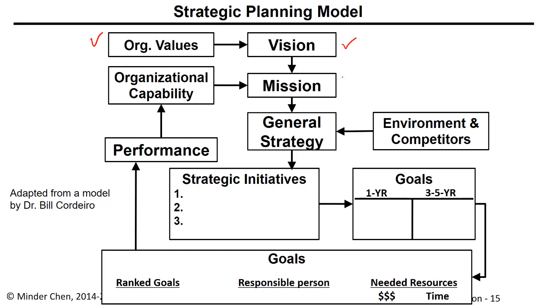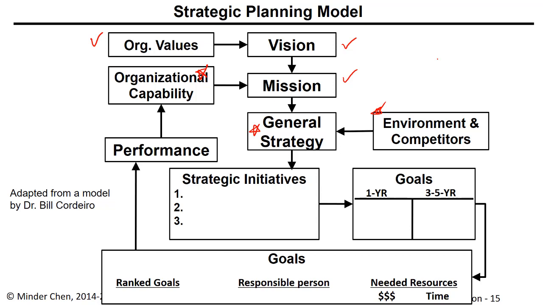The vision helps us to develop the mission. And based on the vision and mission, we would develop some general strategy in order to achieve our mission. And when we try to formulate strategy, we need to look at our organization's capability as well as the environment we operate in, as well as our competitors.